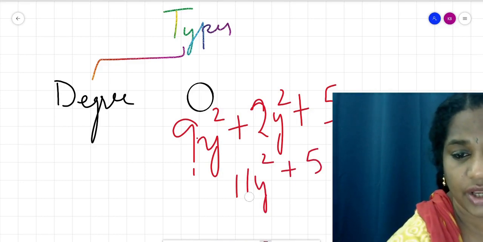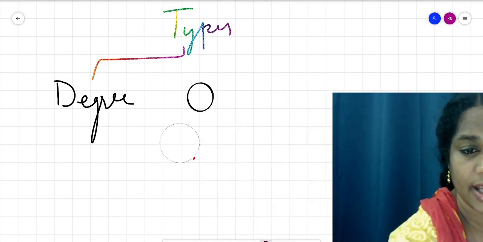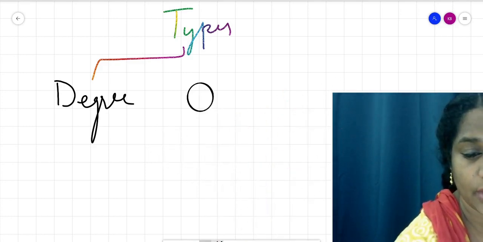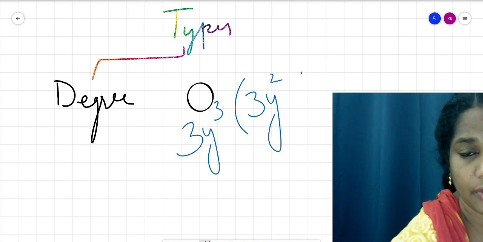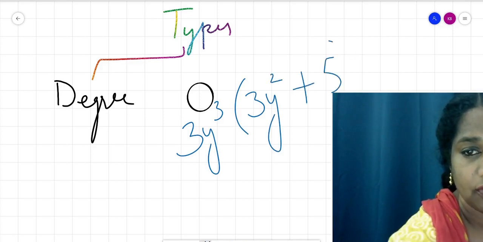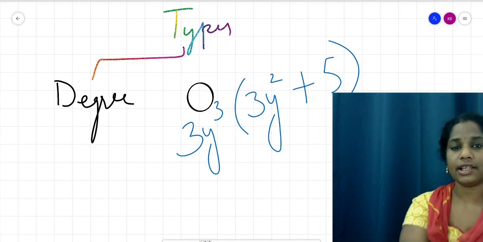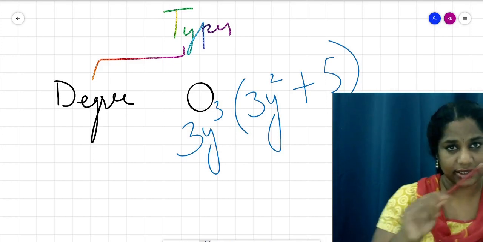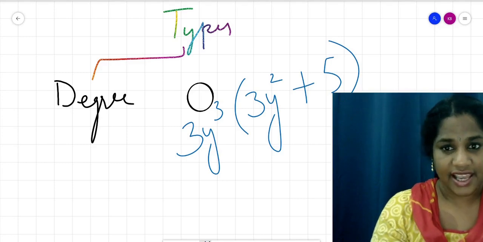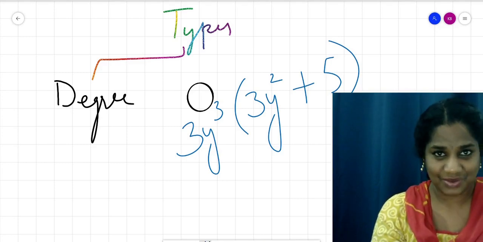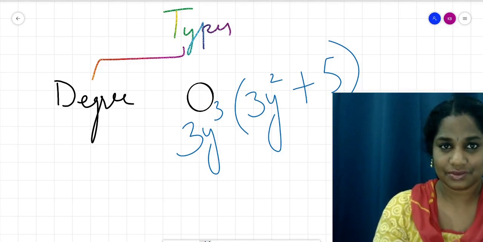In the same way, what they can do? They can also make the question as 3y raised to the power of 3 into 3y raised to the power of 2 plus 5. Now tell me, what is the degree? Is it 3? Because you see 3y raised to the power of 3. Is the degree 3? No. What should you do?